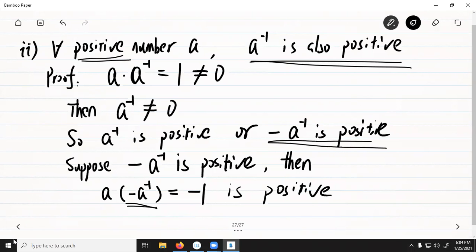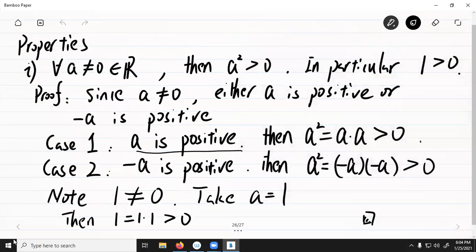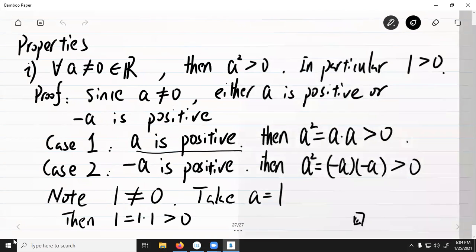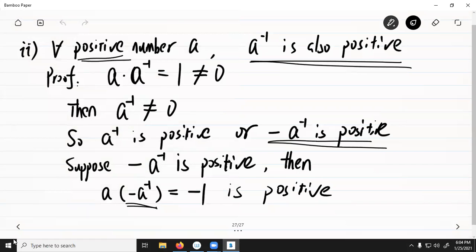This contradicts that 1 is positive. Because 1 is a number, either 1 is positive, or negative 1 is positive, or 1 equals 0.